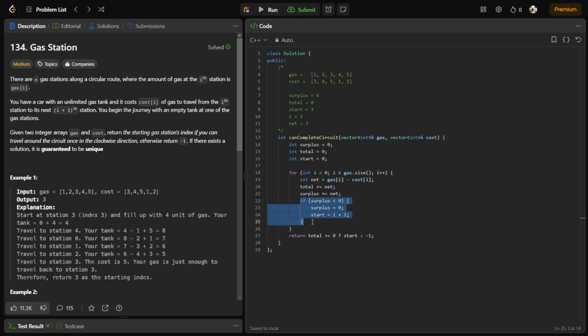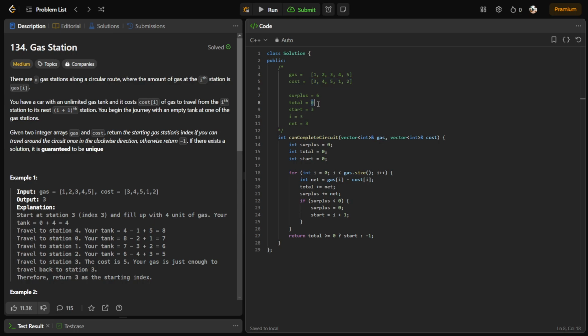Since surplus is more than 0, we don't have to do anything about it. Since we have iterated through the entire list of gas and cost, we have concluded that to travel around these gas stations, the total is 0, meaning we have just enough gas to travel around.